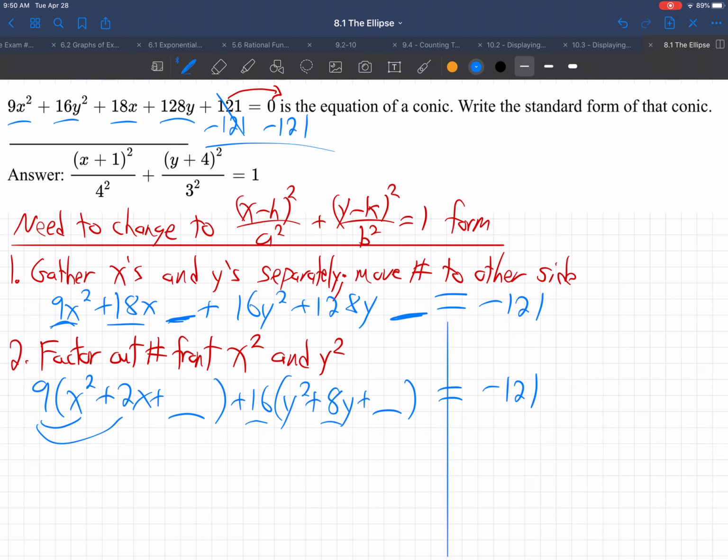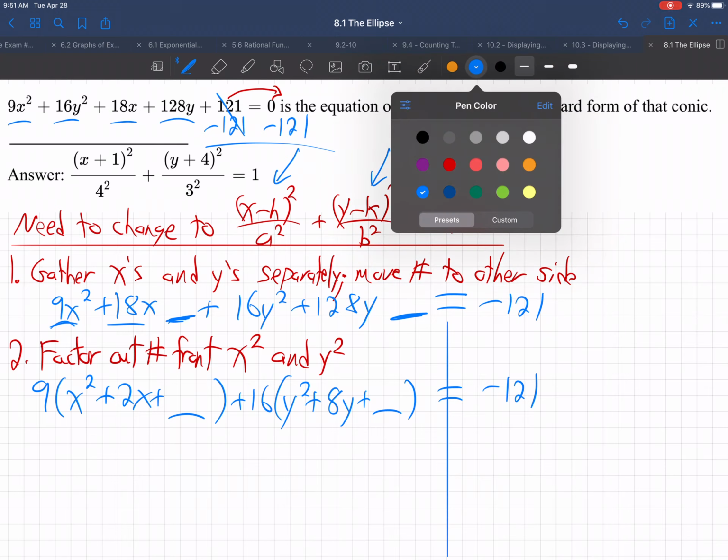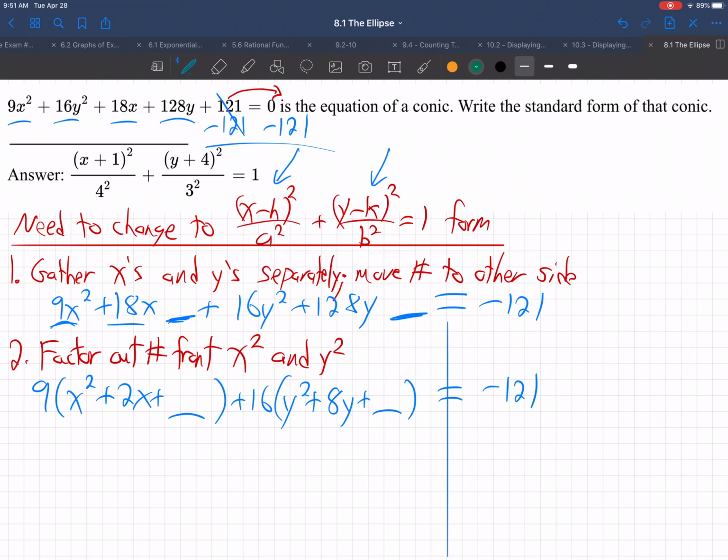All right. And let me get rid of this stuff too. Okay. So now we have to find what goes in those blanks. Our goal here is we're trying to get it to look like that and that, which means it's got to have parentheses squared. Now there's a particular way. We've done it a while ago, but I know it's been a long while, so let me remind you.